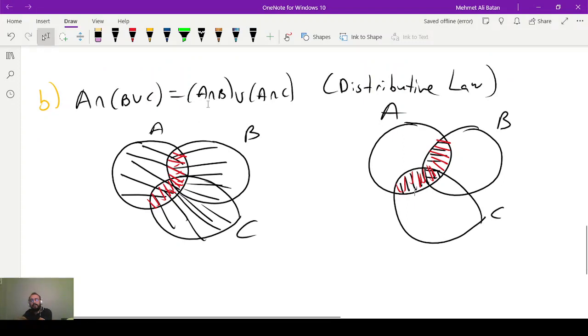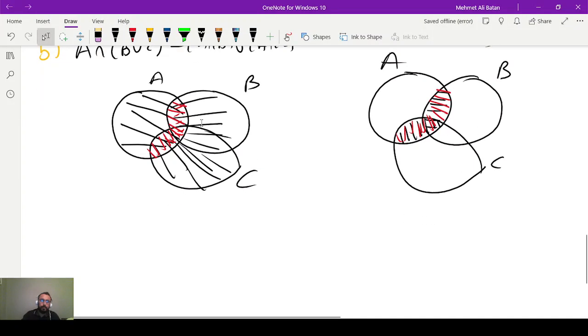But once again, this is not a proof. This is just an illustration. This problem is solved this way so that you better understand the concept of the Venn diagram. This is not a proof, as I told you before.